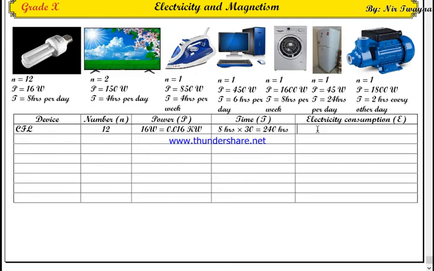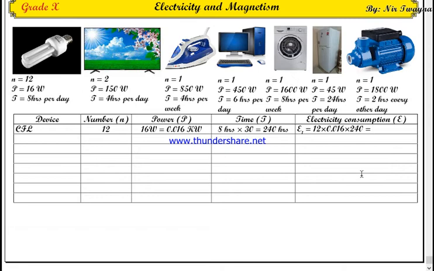Now what should be its electrical consumption? Let me say E1 is equal to, the formula is NPT. N means 12, P means 0.016, and T means 240.